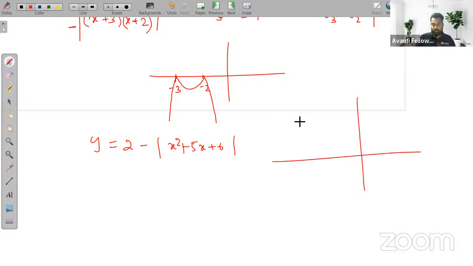That means suppose this point is minus 3 and this point is minus 2, and this point is 2, y is equal to 2, then the graph will shift 2 units upwards. That means the graph should be like this.